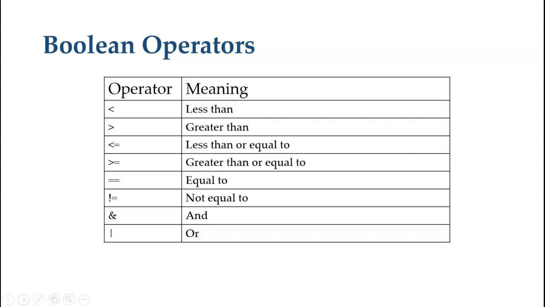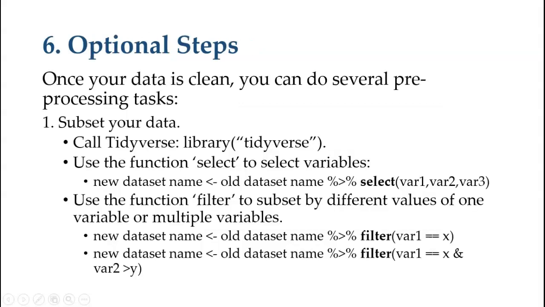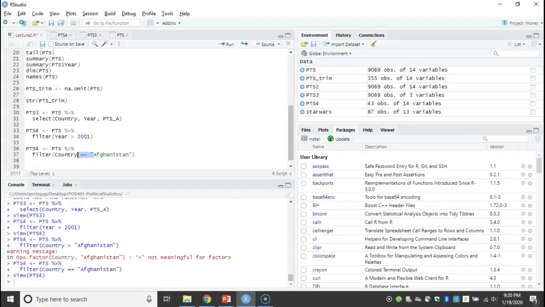And equal to is the equal sign twice. Not equal is this one, and "and" and "or" are important because with them you can use multiple values of different variables or of the same variable to create a new data set.